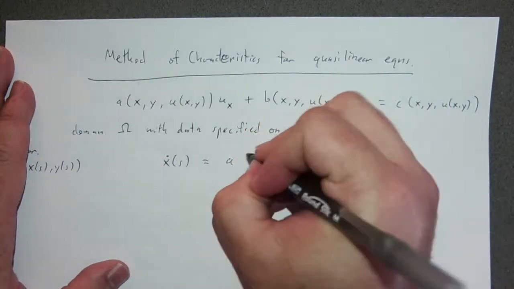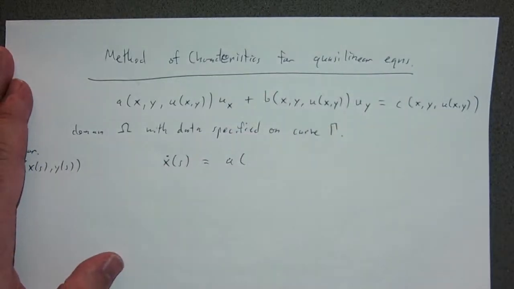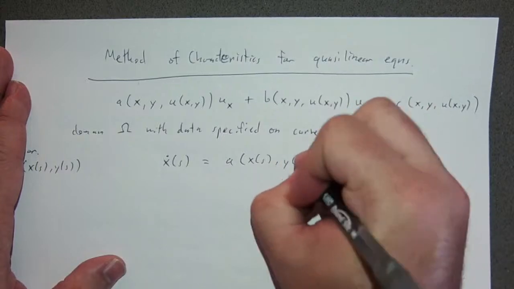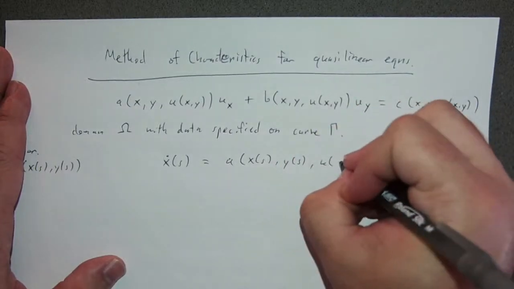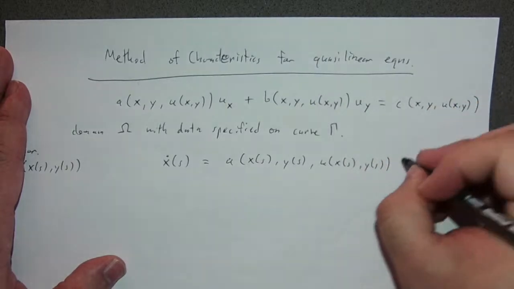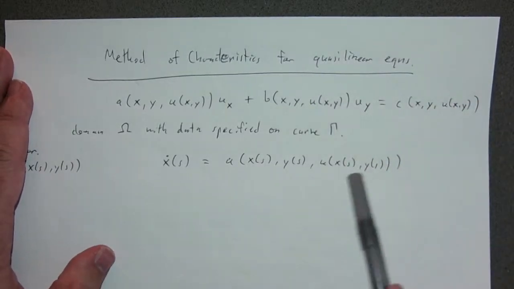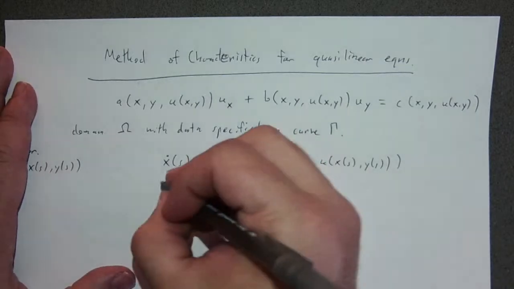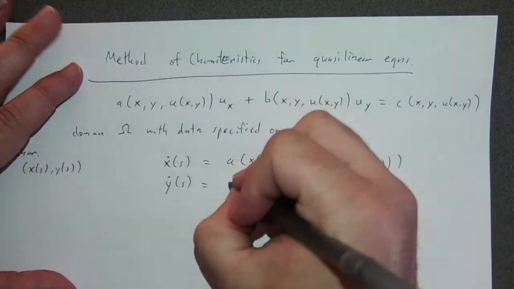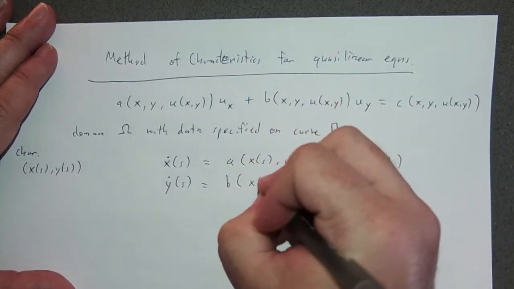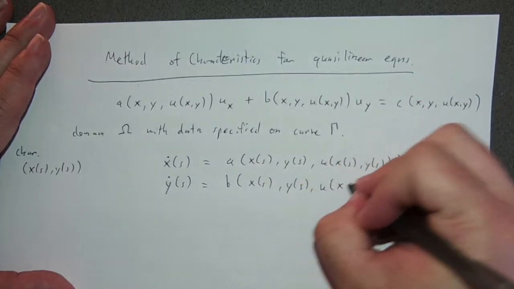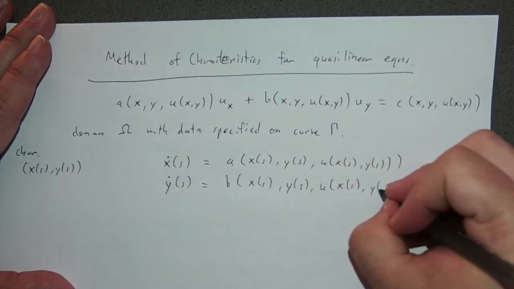So this is with the parameter s plugged in: a of x of s, y of s, u of x of s, y of s. And y dot of s is equal to b of x of s, y of s, u of x of s, y of s.